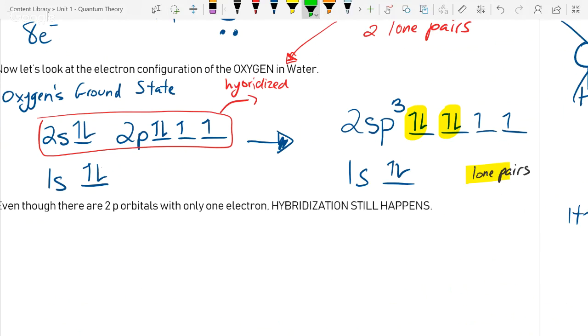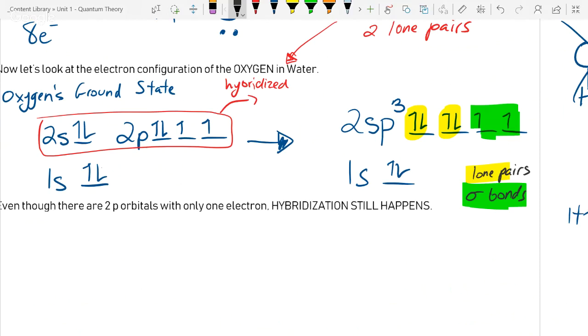And these will make what? These will make sigma bonds. And specifically in water, they will make sigma bonds with what? With hydrogen.